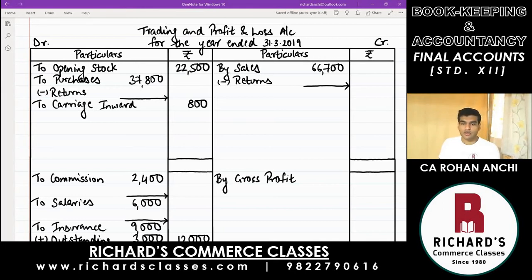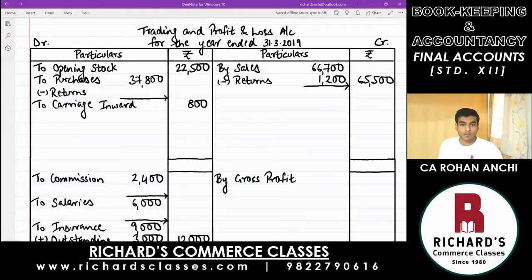In the debit, what you see, 1,200, are sales returns. So take that item. Below sales, we have written less returns. Write down 1,200. Deduct and tell me the correct amount of sales. 65,500.